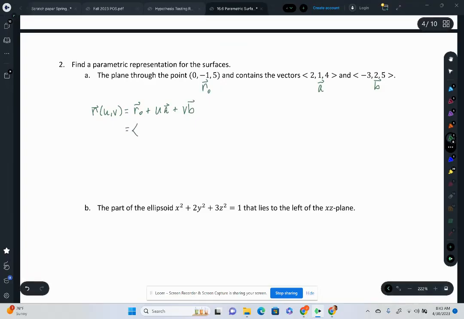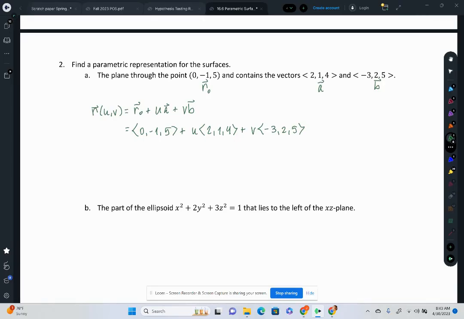So this gives me the vector 0, -1, 5 plus u times 2, 1, 4 plus v times -3, 2, 5. And I can rewrite this as one vector. The first component is just 2u minus 3v.